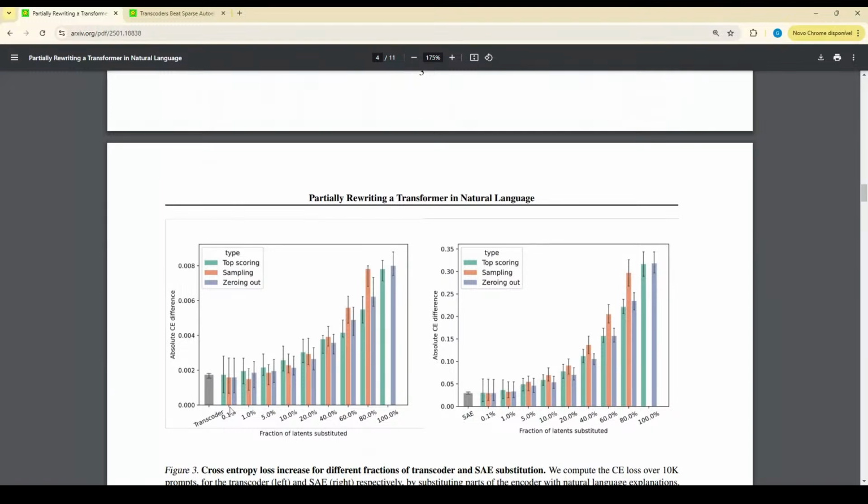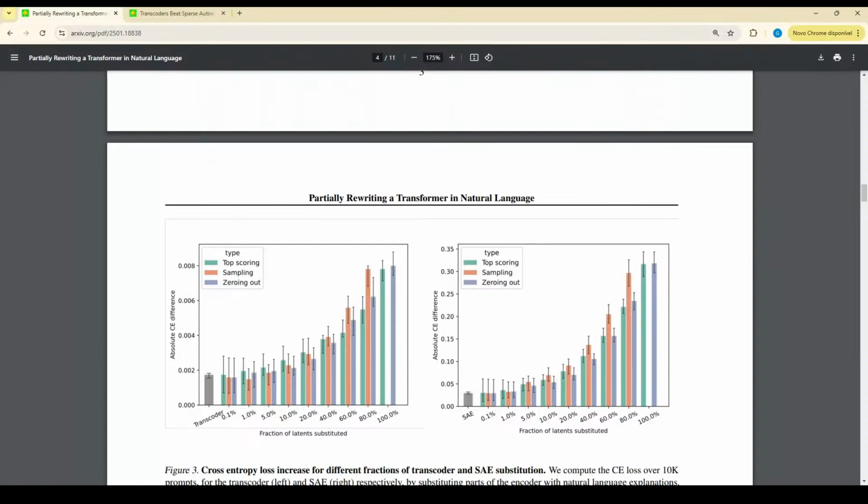Just by adding the transcoder or an SAE to the model, the cross entropy loss increases. It increases less for the transcoder than for the SAE, but both increases are significant enough that it's like training the model on only 20% of the compute that you use to train the model.